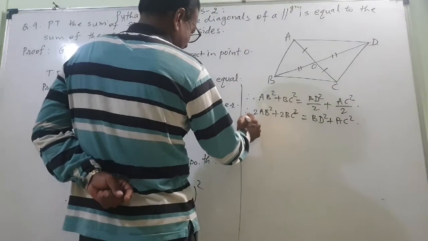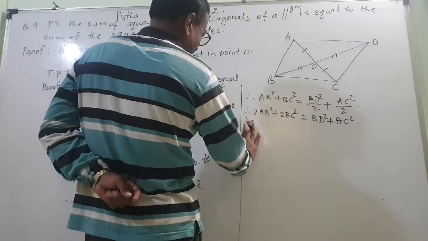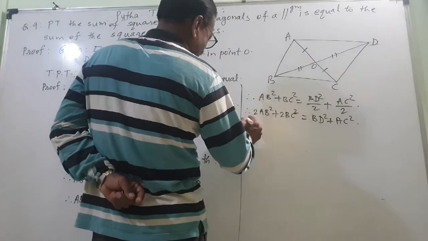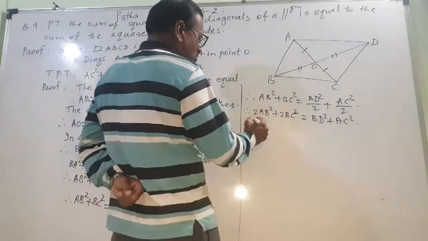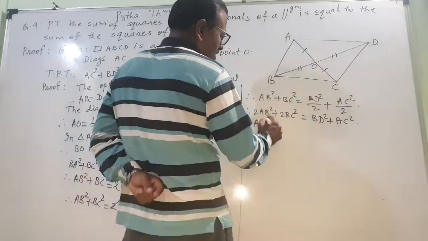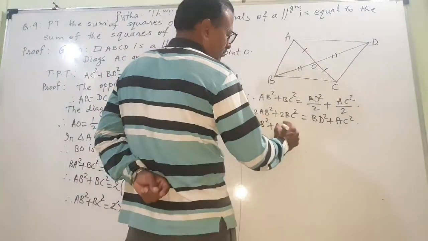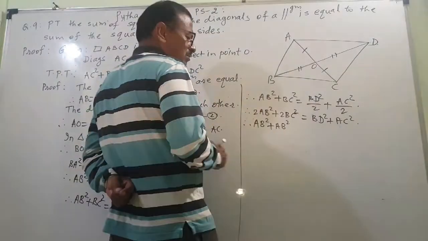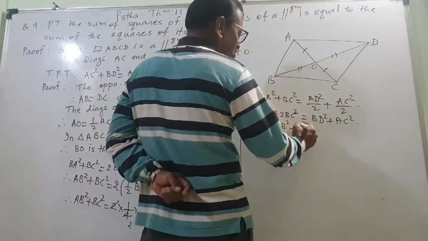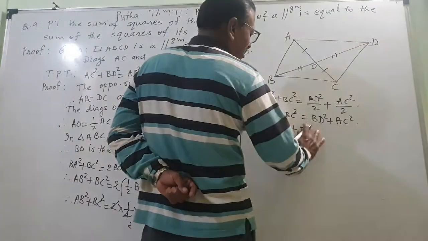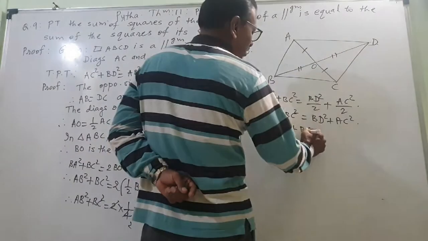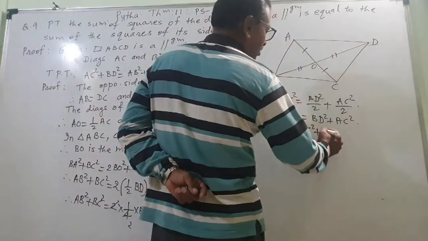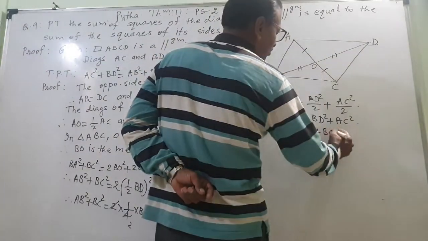Therefore, here itself I will break it out. 2AB square means I can write this AB square plus AB square, because it is 2AB square. So I have broken it, plus BC square is BC square plus BC square. 1 BC square plus 1 BC square will be 2 BC square. That's why I have broken this.